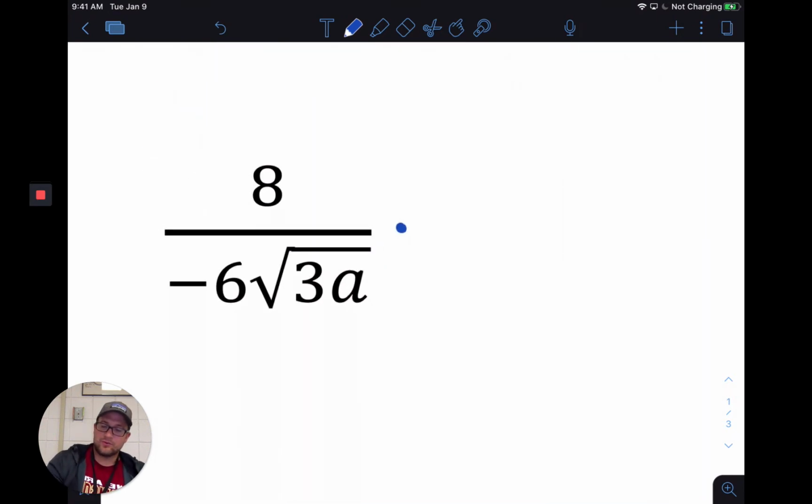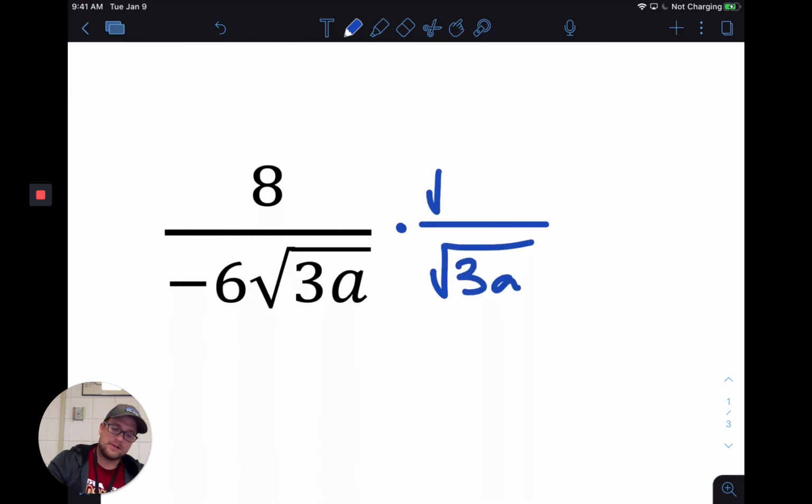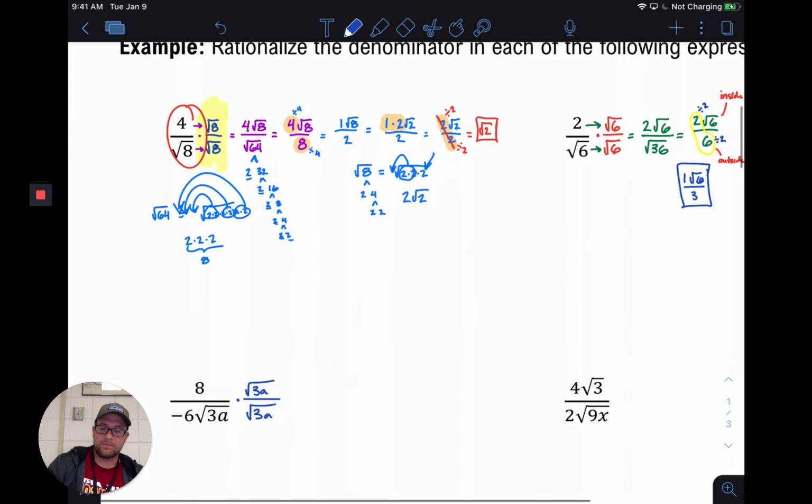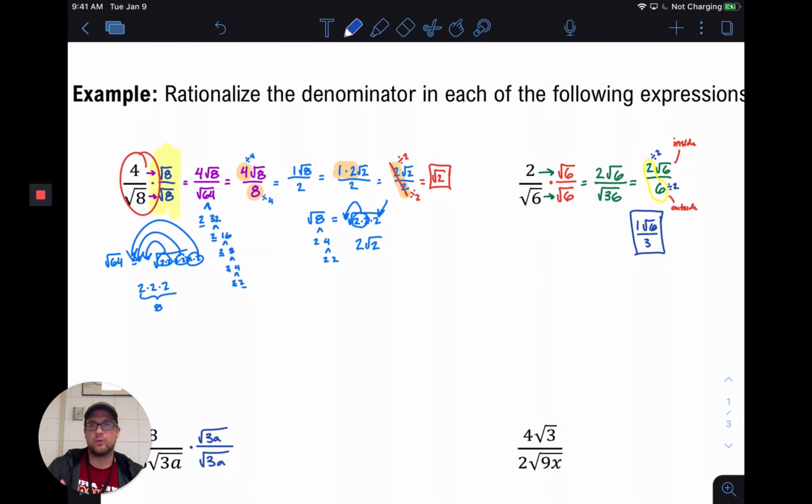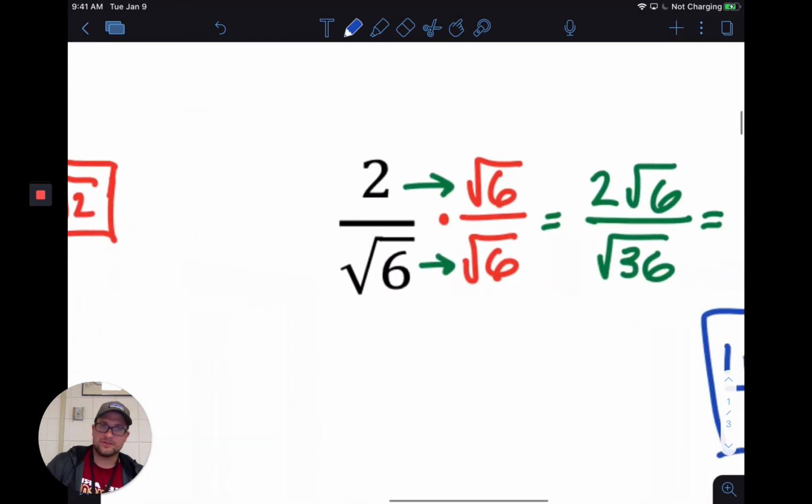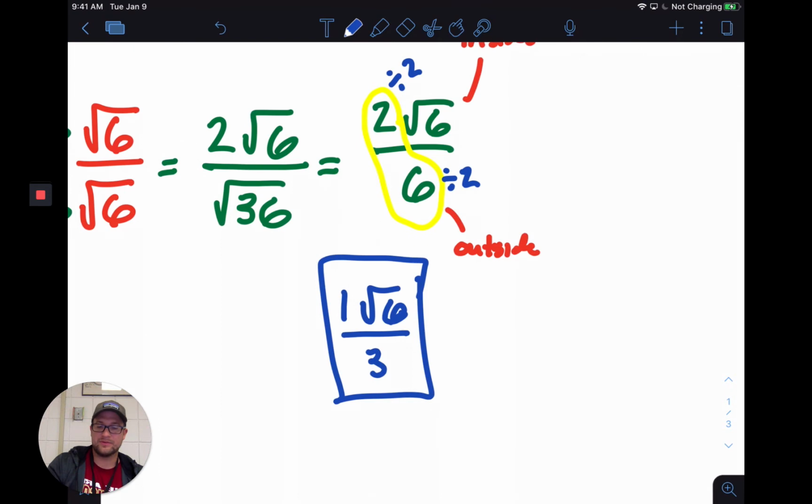So, since the square root we are trying to get rid of on the bottom is the square root of 3a, we're going to multiply top and bottom by the square root of 3a. Now, it's important to note that in all of these problems, we're not trying to get rid of the square root in general. We just want to make sure there's none in the bottom, which is why we still had a square root as an answer. We still had a square root, but it was in the top. Our goal is to make sure it's not in the bottom.